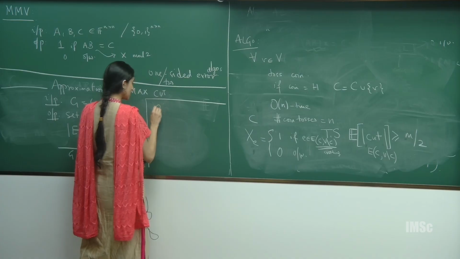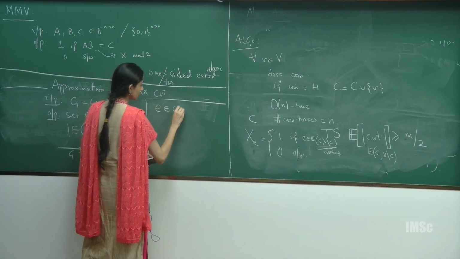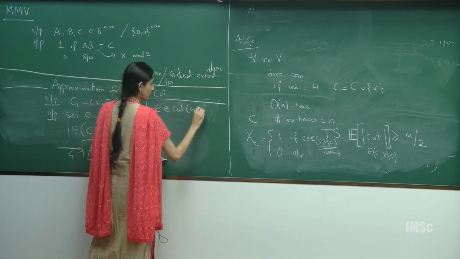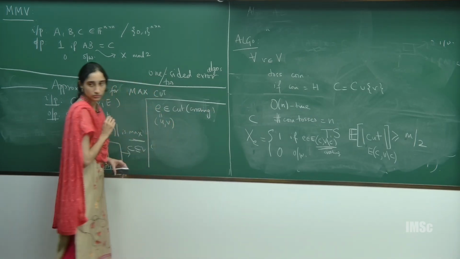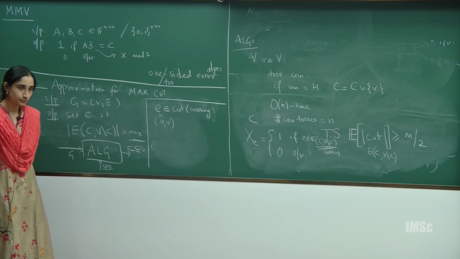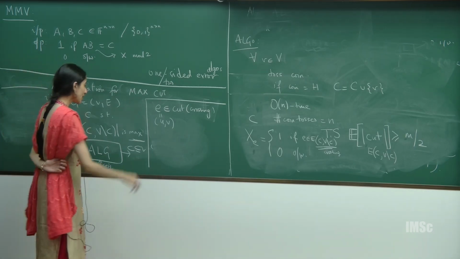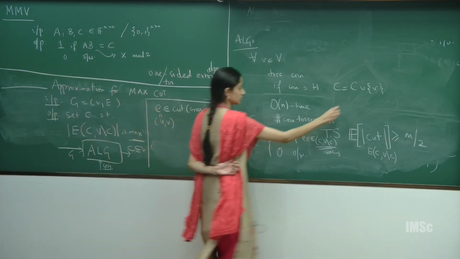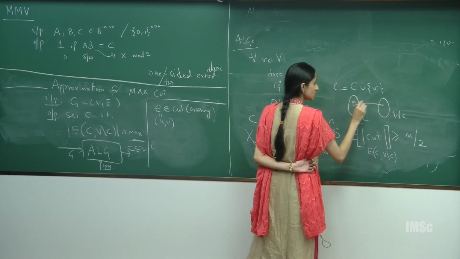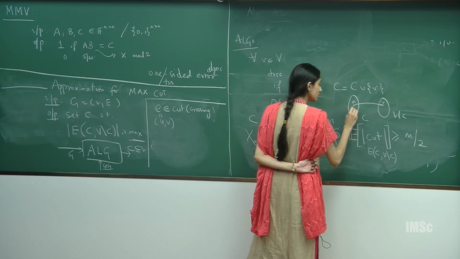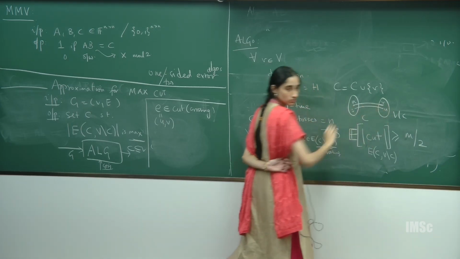So when is an edge E in the cut or crossing? So let's say this edge E is UV. So either U is here and V is here, or V is here and U is here.